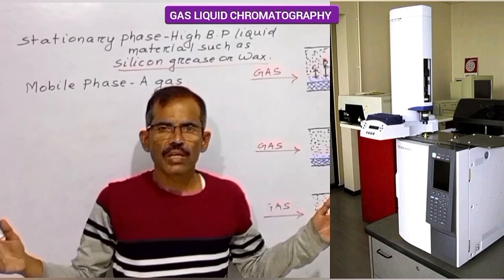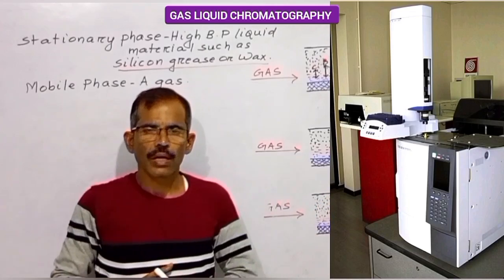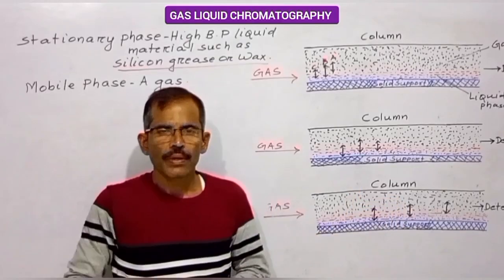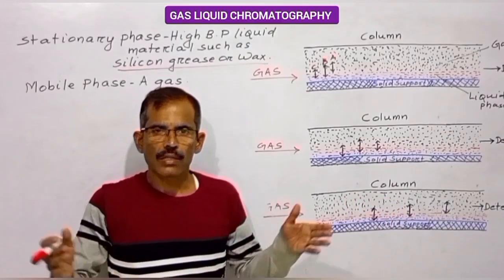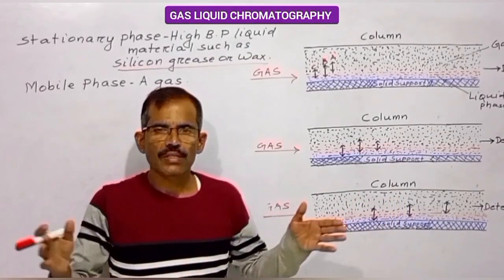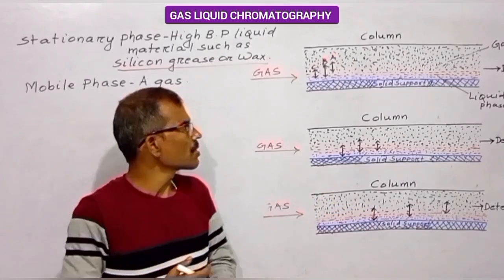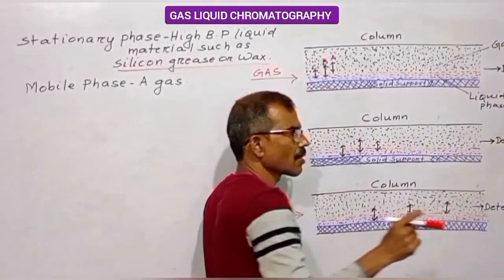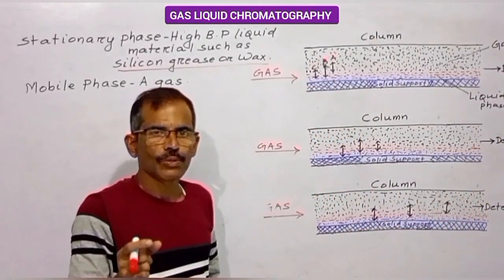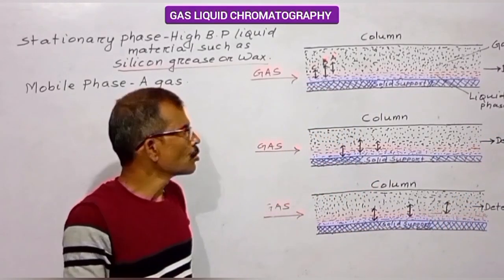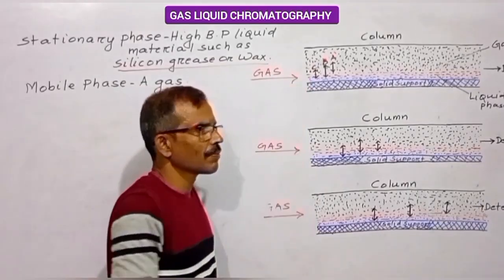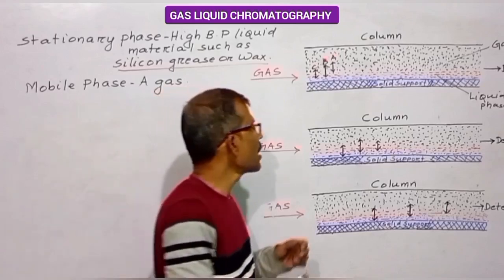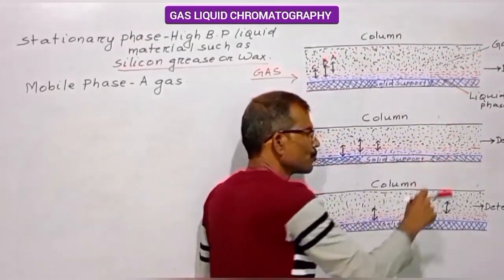The use of GLC is confined to analytes that are volatile but thermally stable. In this technique, a gas stream, also known as the carrier gas, flows continuously through a column at a controlled flow rate. When a small amount of sample is introduced into the gas stream, different analytes present in the sample are carried into the column.